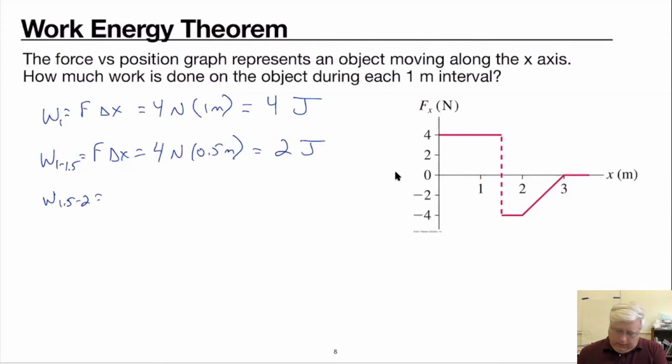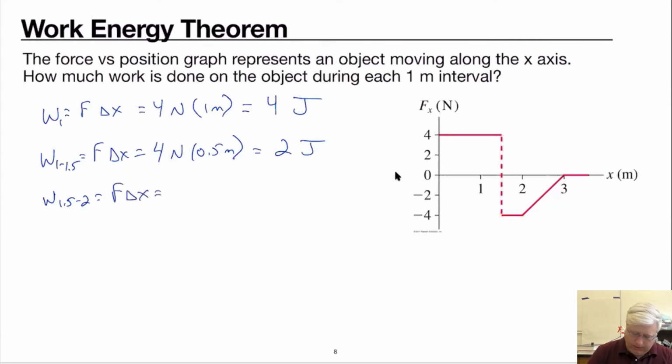But what do we see here? The dotted line is there because we're going to model this as essentially going from exactly 4 to -4. In reality we know it's going to be a curve there, but then we'll have to deal with integrals and stuff. So modeling this as going straight from 4 to -4, between 1.5 and 2 we're at -4.